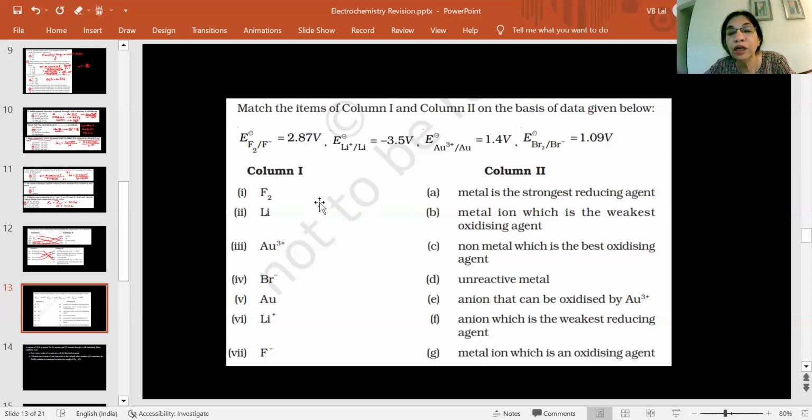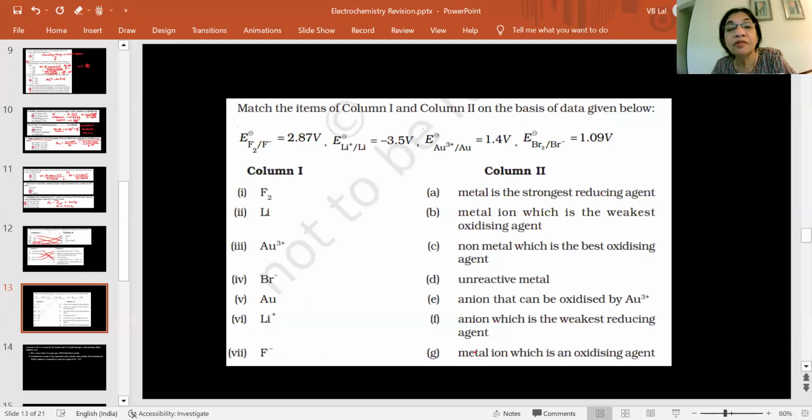Okay, now fluorine. Now, fluorine is, what should it be? It is a difficult one. First one. See, one thing that you should understand here is very easy.